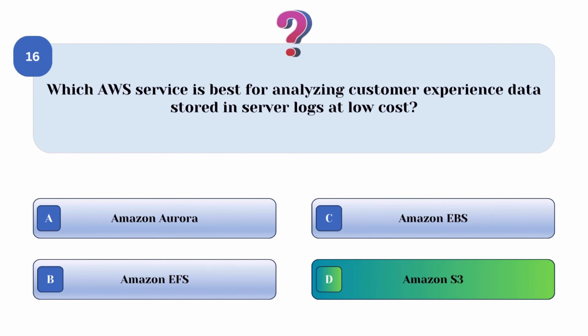Explanation: S3 is ideal for storing large volumes of log data cost-effectively and integrates with analytics tools like Athena. Why others are incorrect? Aurora: more expensive, used for structured data. EFS: file storage, but costlier than S3 for logs. EBS: block storage, best suited for EC2 instances.